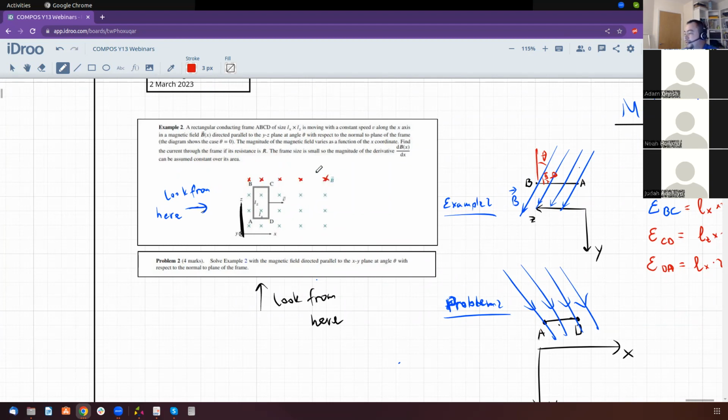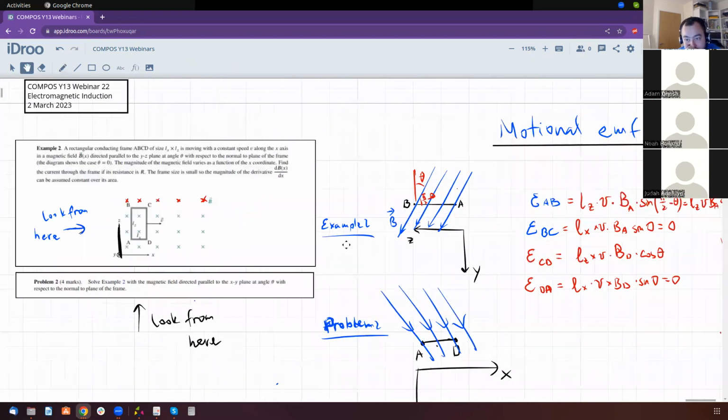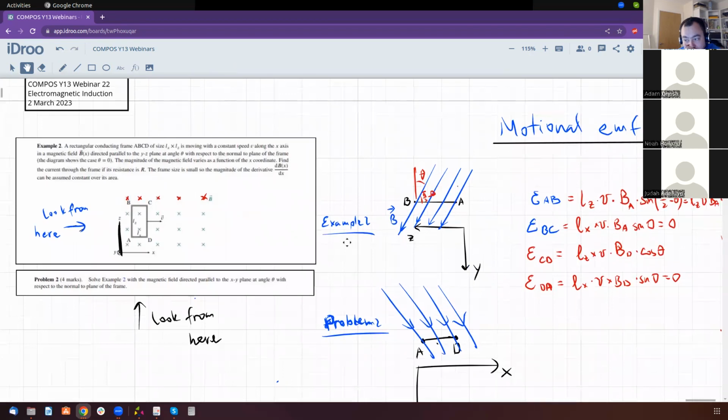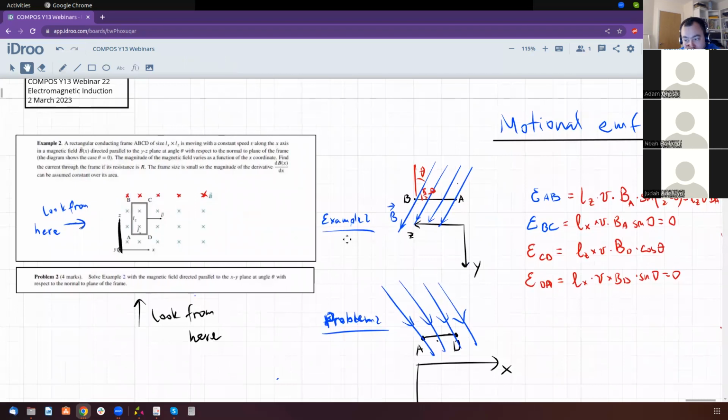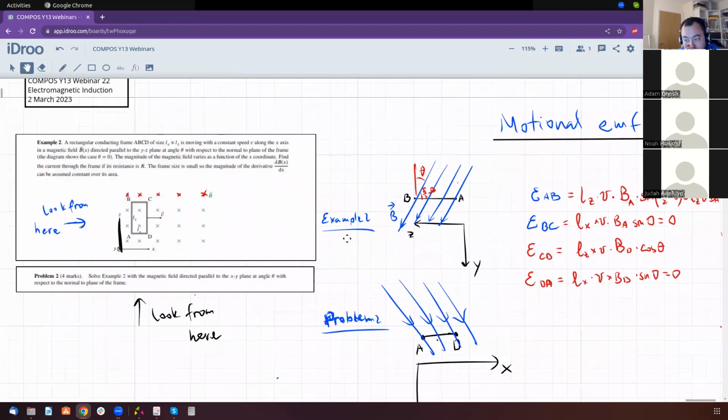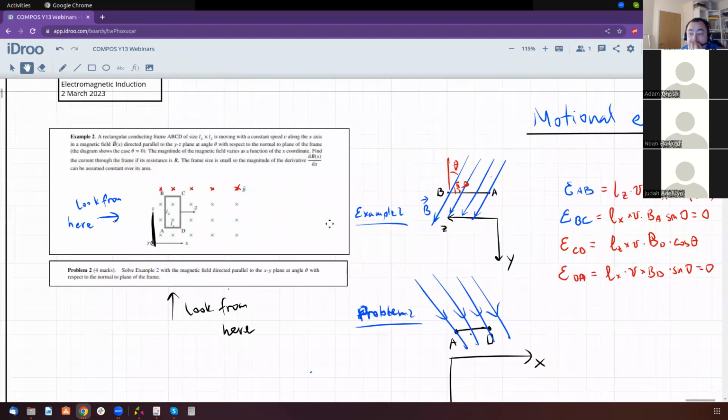What does that tell you about the field? Yes, Adam, it gets weaker.